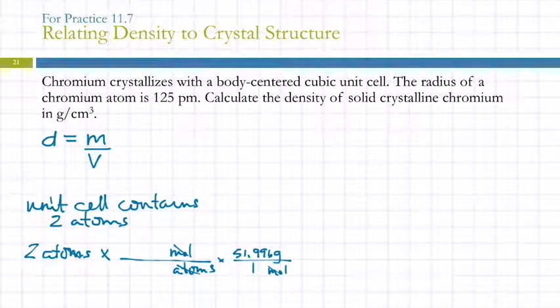How many atoms in a mole? 6.022 times 10 to the 23rd. So this is going to be a really small number, but it should be because 2 atoms weigh almost nothing. So I'm getting 1.72.